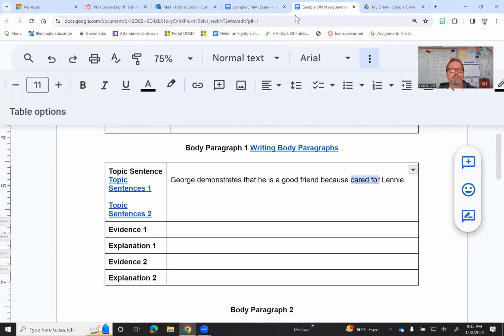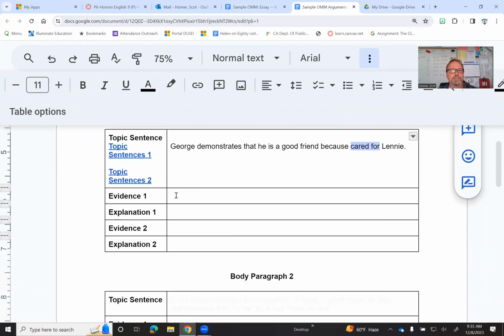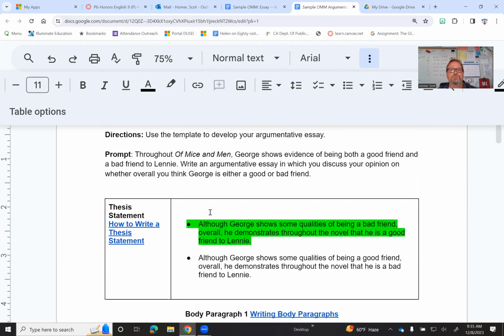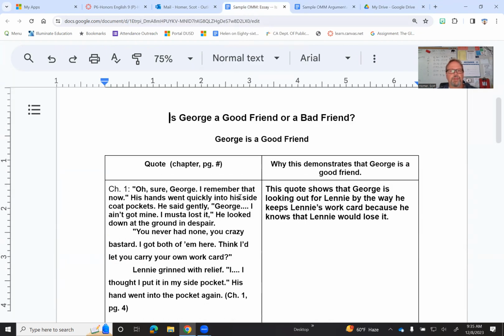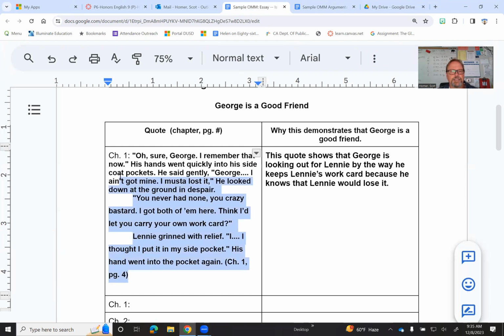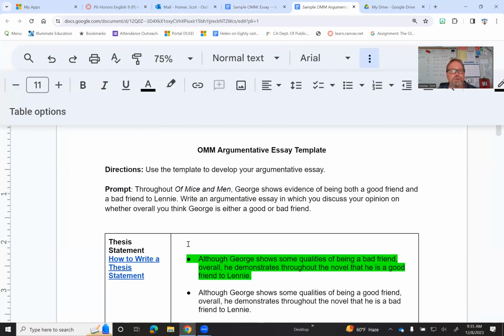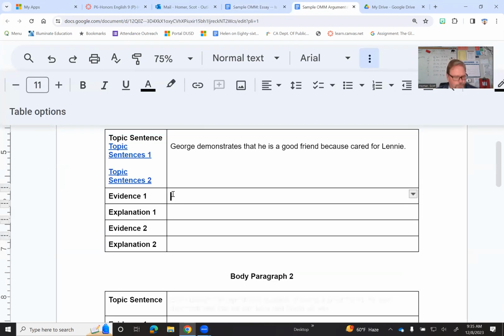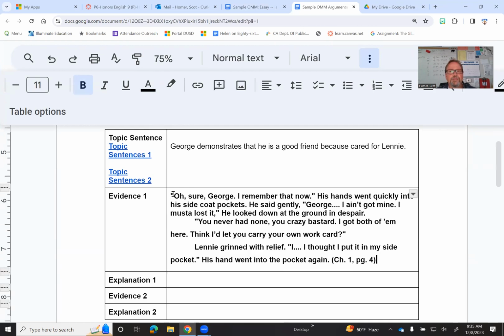Okay, then you're going to come back to here, and you're going to paste it into the evidence. Evidence 1 is where you paste that quote. So just for example, this is the only one I did for demonstration in class. So I'm going to copy it, and then I'm going to paste it into the piece of evidence here.